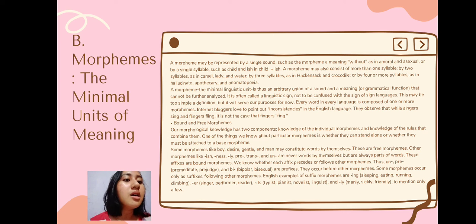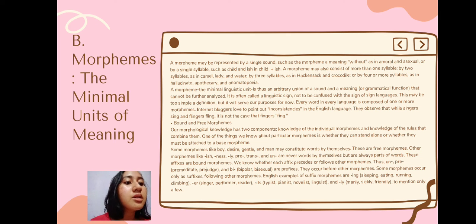We know whether each affix precedes or follows other morphemes. Thus, un-, pre-, as in premeditate and prejudge, and bi-, as in bipolar and bisexual, are prefixes. They occur before other morphemes. Some morphemes occur only as suffixes, following other morphemes.